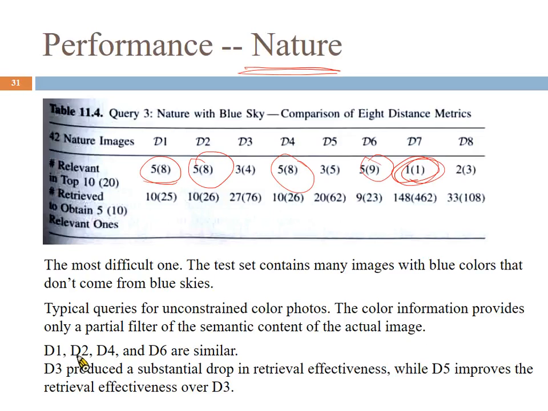The results of D1, D2, D4, and D6 are similar, D3 produces a substantial drop, and D5 improves on D3 a lot. This result also tells us that using simple color information may not be good enough to retrieve images.